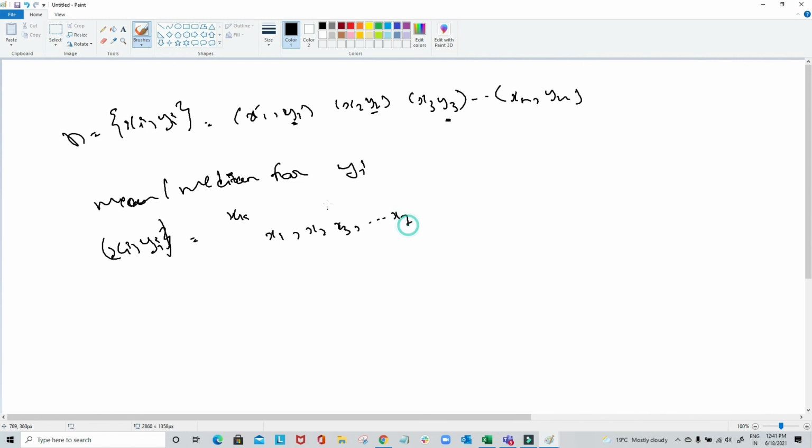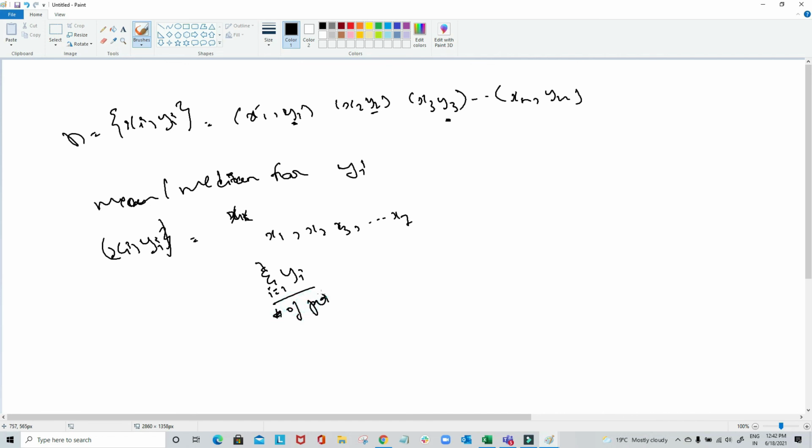What k-nearest neighbors for regression says is it is the summation of all the yi's where i belongs to 1 to 7, divided by the number of points, that is 7 in this case.